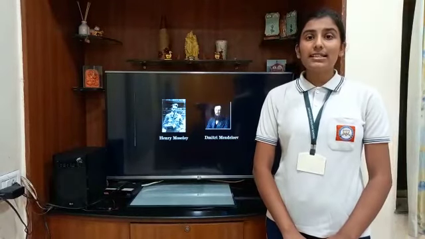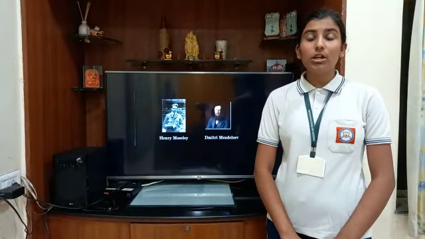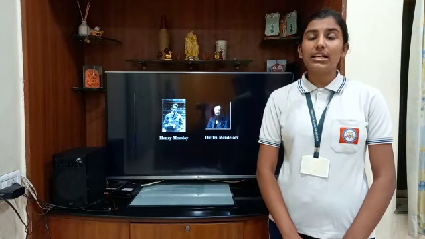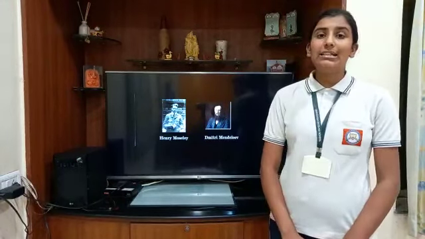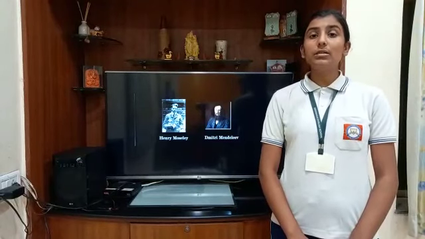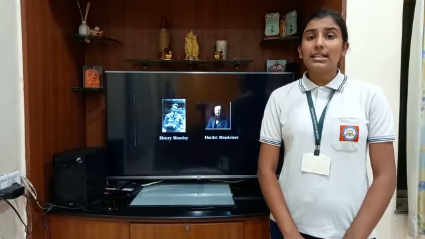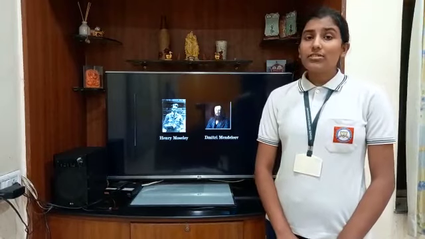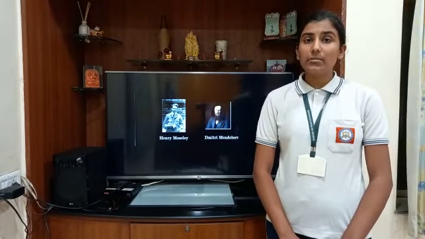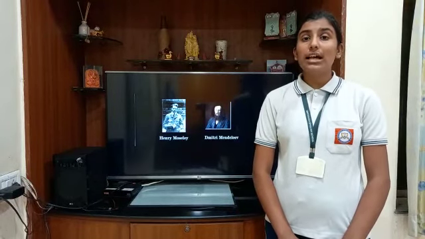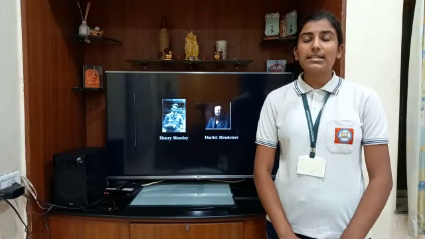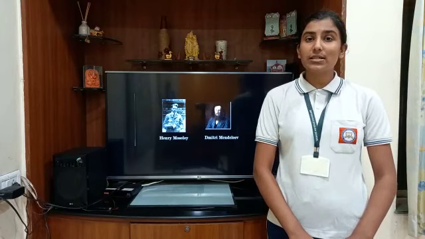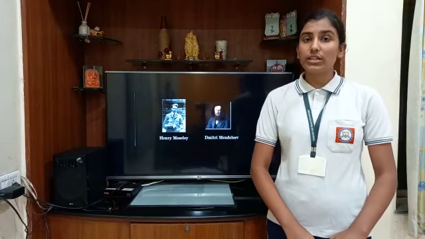First of all, let's have a look at two individuals who contributed significantly to the modern periodic table. That is Henry Moseley and Dmitry Mendeleev. Dmitry Mendeleev realized that the chemical and the physical properties of the elements are related to their atomic masses and hence arranged all the elements in such a way that the elements with similar properties fell into one group.